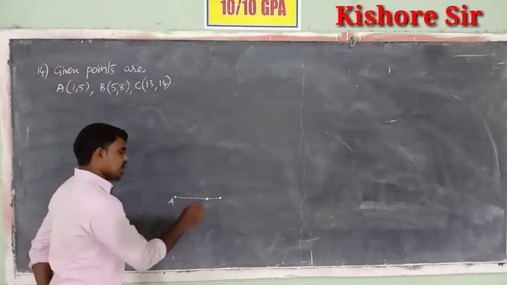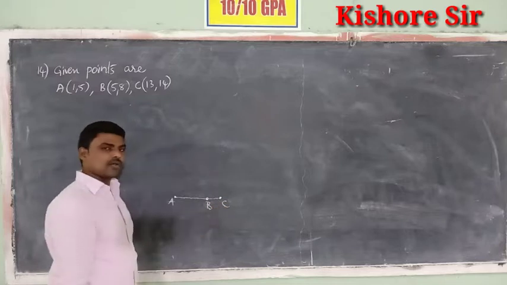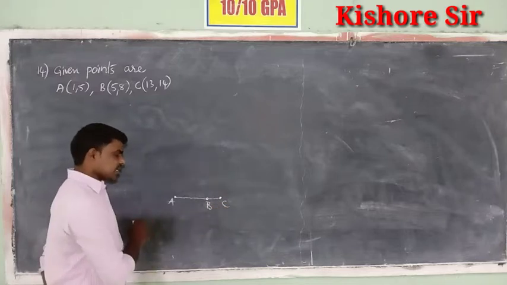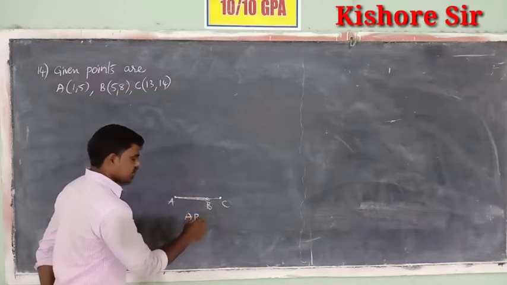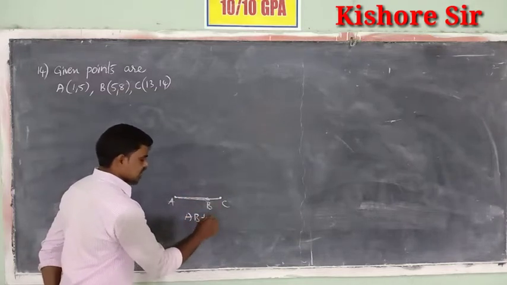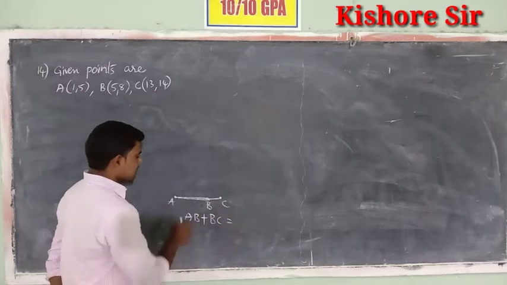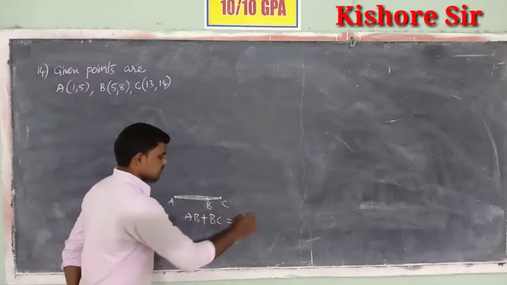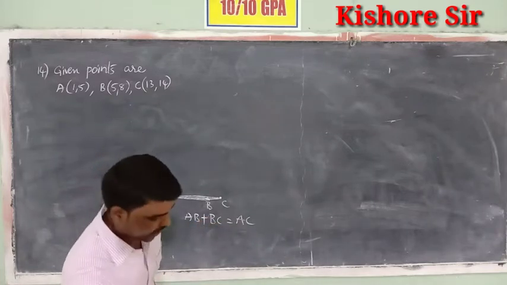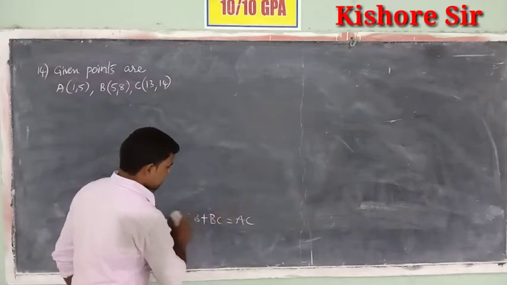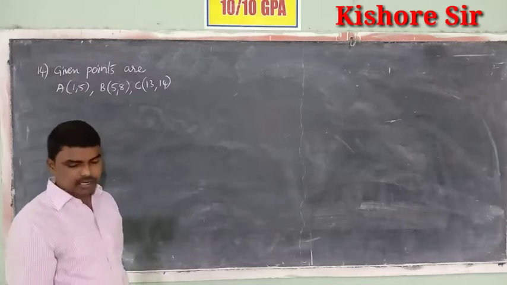Suppose A, B and C are collinear, then the distance AB plus the distance BC is equal to the distance AC. This is the condition for collinear points.